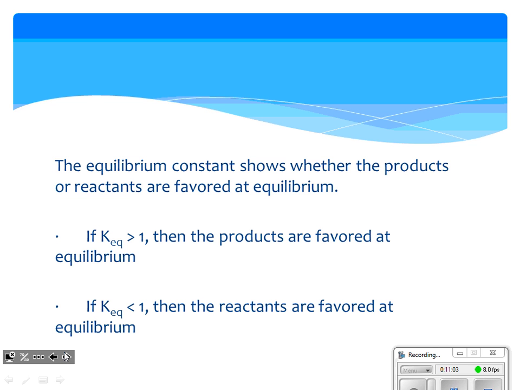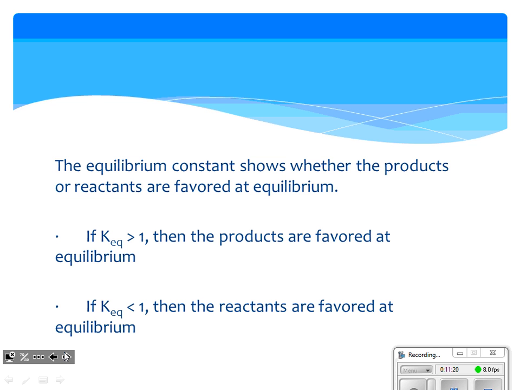If Keq is greater than 1, then the products are favored at equilibrium. If Keq is less than 1, then the reactants are favored at equilibrium.